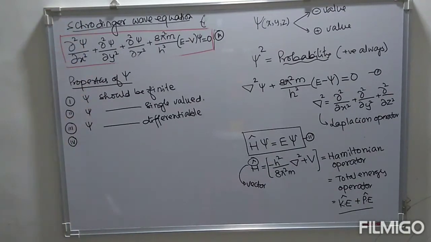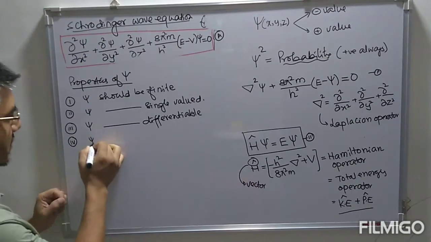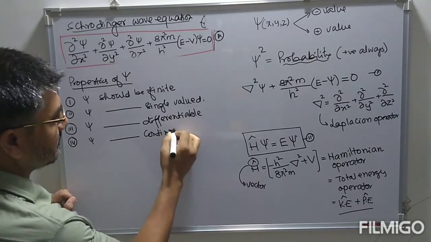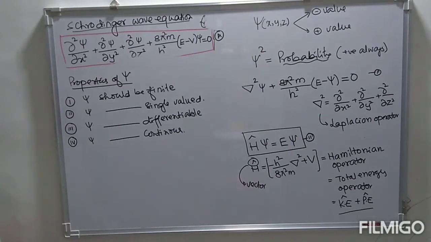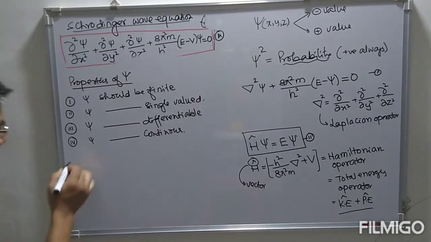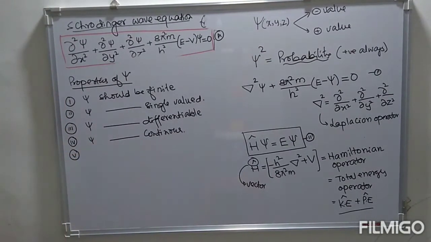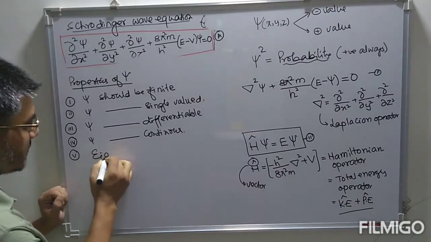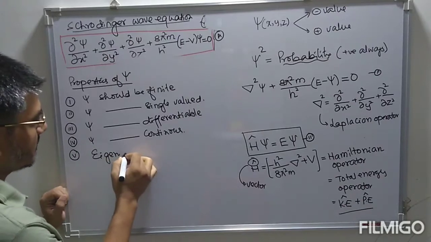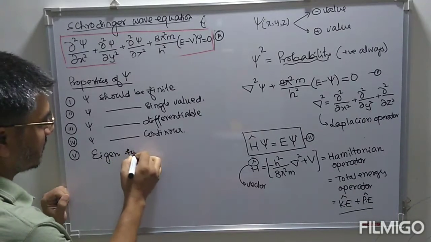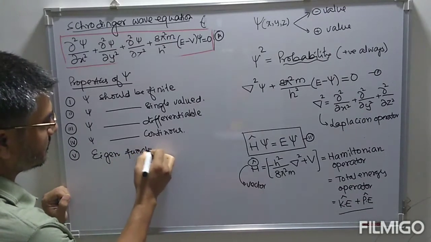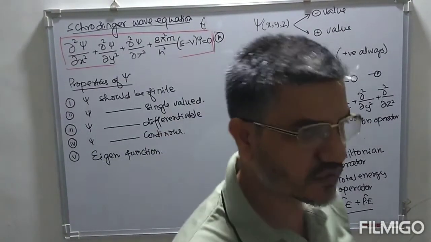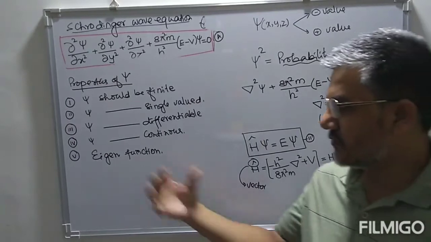This wave function psi should also be continuous. Number 5, this wave function psi should be an eigenfunction. So in mathematics, we have a function which is known as an eigenfunction.